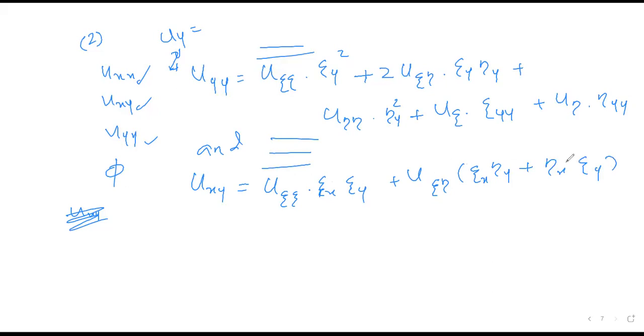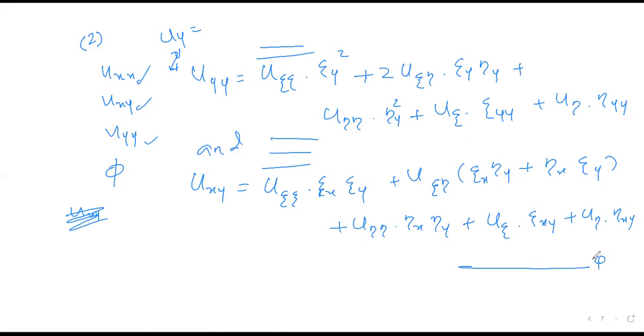In this case we can't add these two, so we find a common element outside. The third term will be u eta eta eta x eta y, plus the rest of the terms: u zeta zeta xy plus u eta eta xy. So totally you can put it as an equation number.